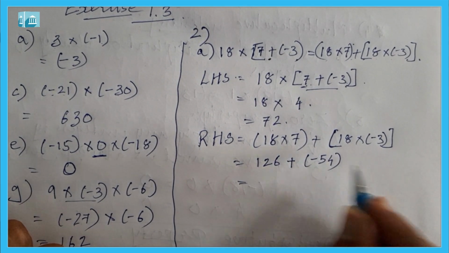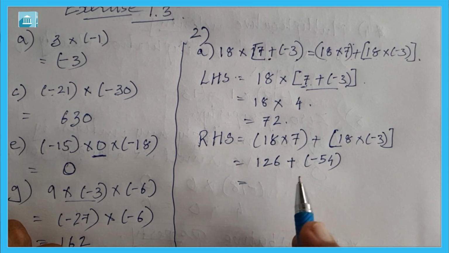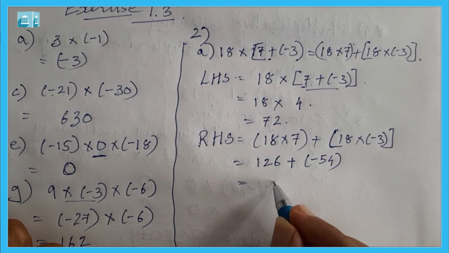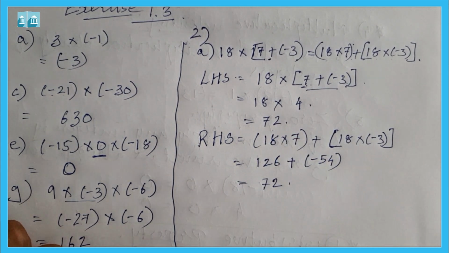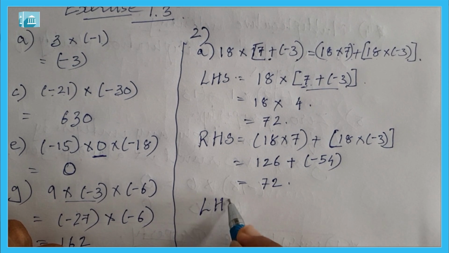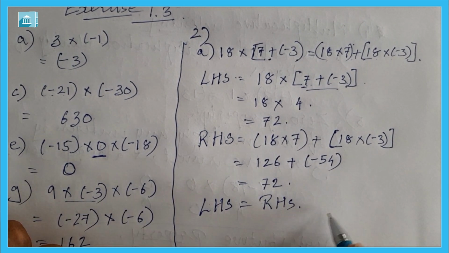Again 126 minus 54, 126 is greater, so the sign of plus will be there. 126 minus 54 is 72. So we can say that left hand side is equal to right hand side, and so it is verified.